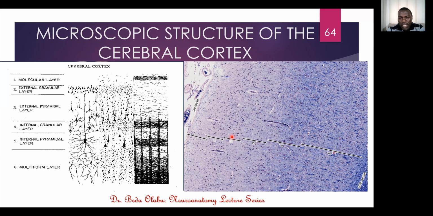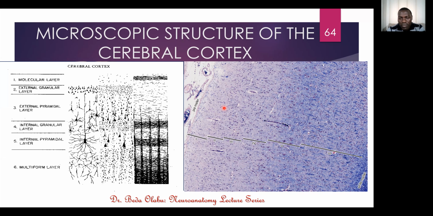So what am I saying? If the cell bodies of neurons here are of association fibers, let's assume they're association fibers, the cell body will come from layer 3 in a particular cortical region. Then that axon will go and terminate in layer 2 of another cortical region.